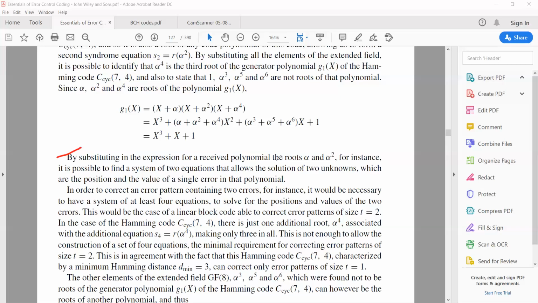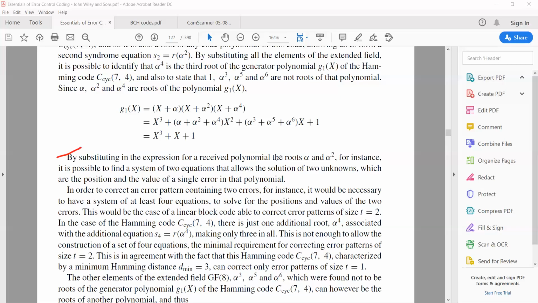Now we have received a code polynomial, and this received code polynomial will be error free, considering that those roots of the generated polynomial will also satisfy the received code polynomial.